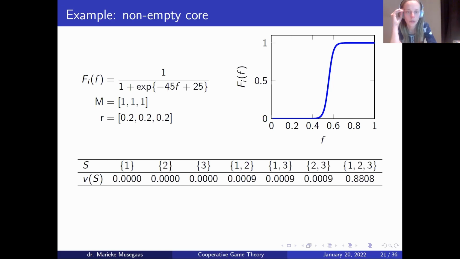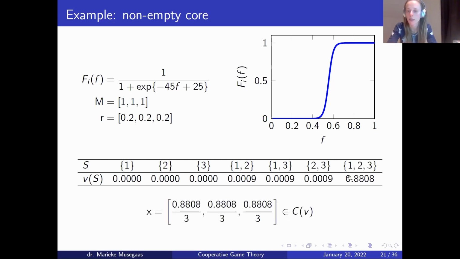How does the game look like? Well, it's as follows. Is cooperation possible? In other words, is the core actually non-empty? Well, if you simply divide this number of the value of the grand coalition by 3, then you see that every coalition agrees with this number.